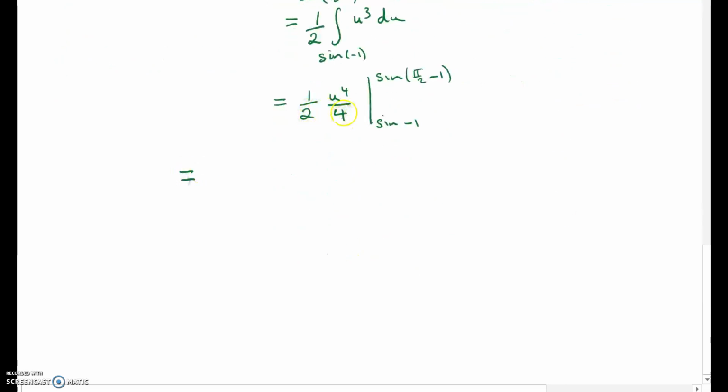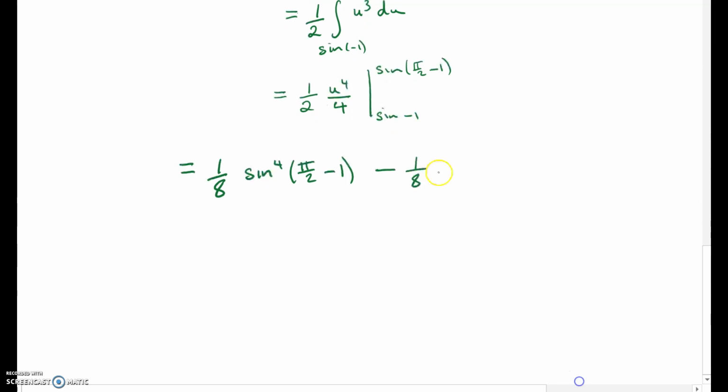You're going to have 1/2 times u to the power of 4 over 4. Multiply the bottoms, and that gives you 1/8 u to the power of 4. Substitute in: that's sine to the power of 4 of pi over 2 minus 1, minus 1/8 times u to the power of 4. Oops, we're replacing u now, times the sine to the power of 4 of negative 1.